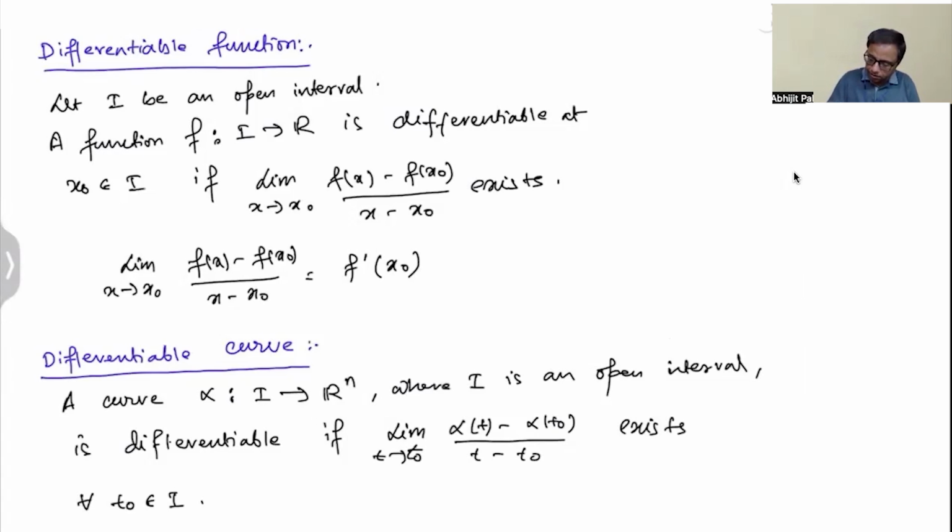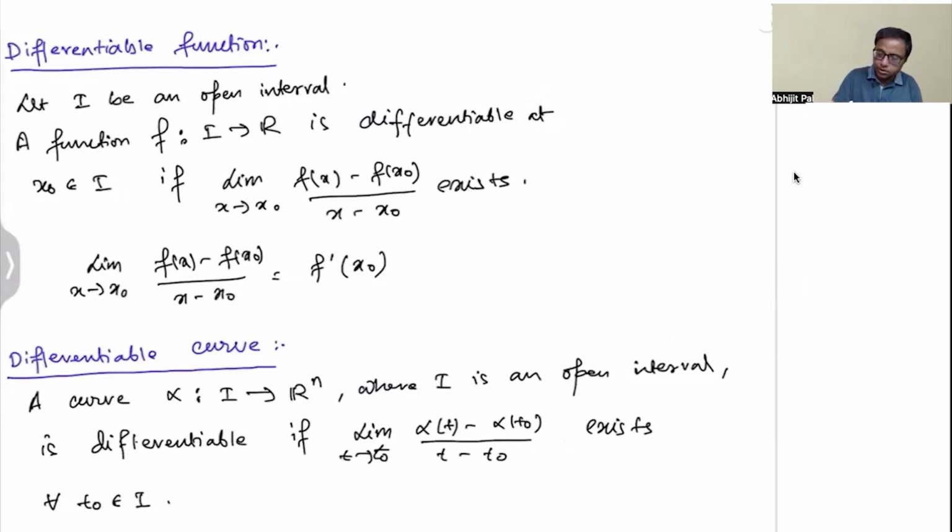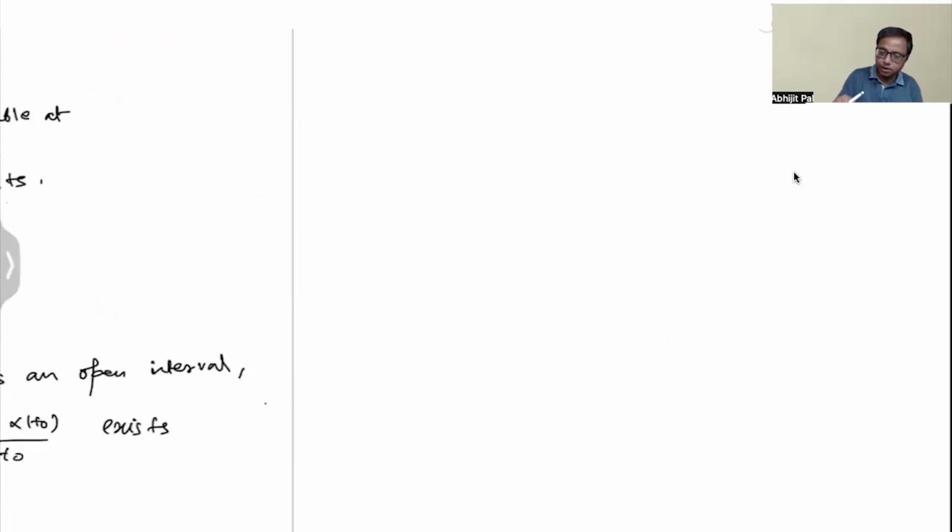Note that the image of alpha lies in Rn. So I can write alpha t as (alpha 1 t, ..., alpha n t). Now if I take this difference, alpha t minus alpha t naught, this is an element in Rn.